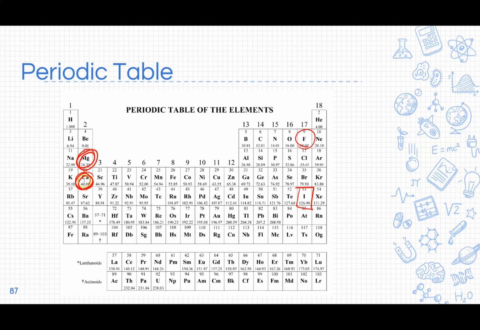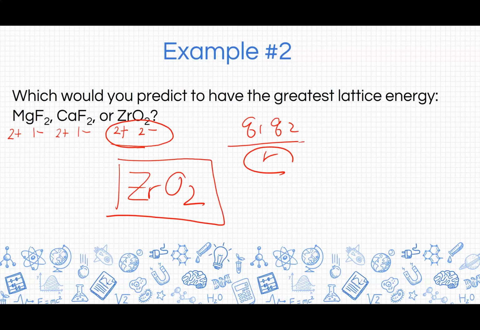So magnesium is smaller than calcium. So that would make magnesium have the higher one. So if I did need to rank these, I would do ZrO2 greatest based on charge, and then magnesium, and then calcium. Again, calcium fluoride had the largest distance, which would mean it actually has the lowest lattice energy.